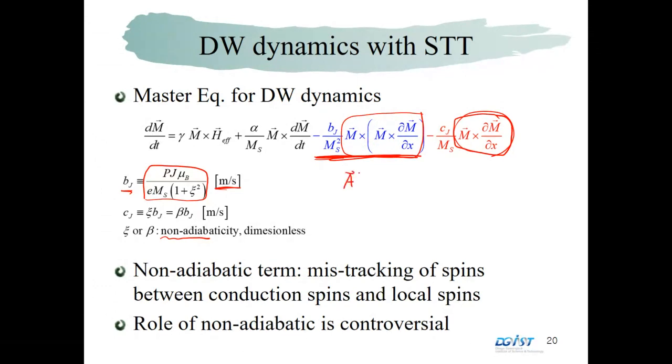If we have A cross B cross C, it gives us this relation.